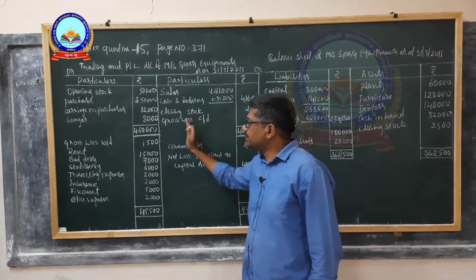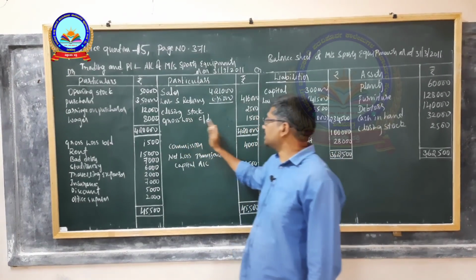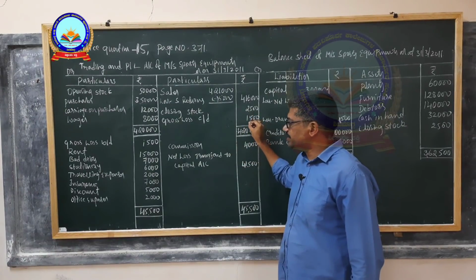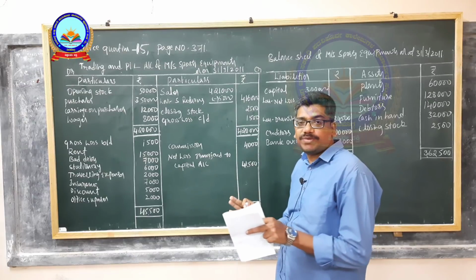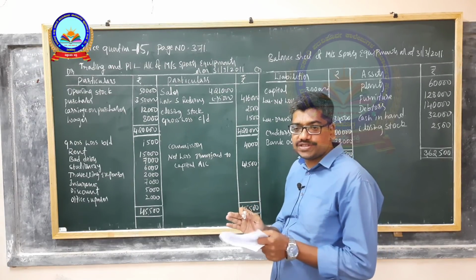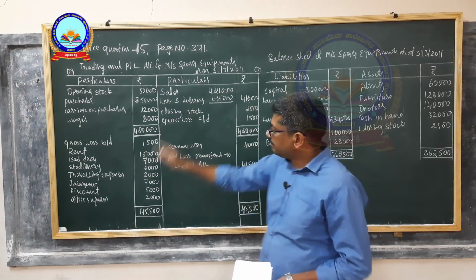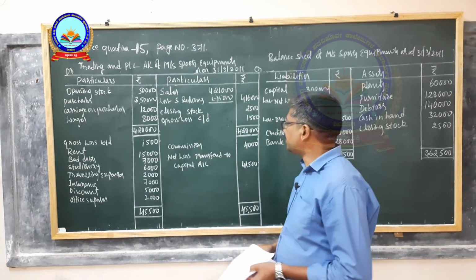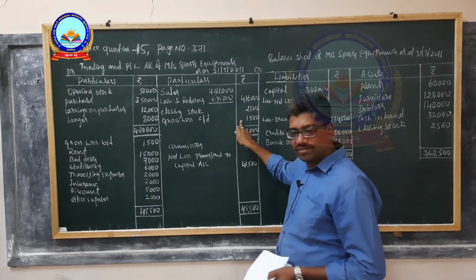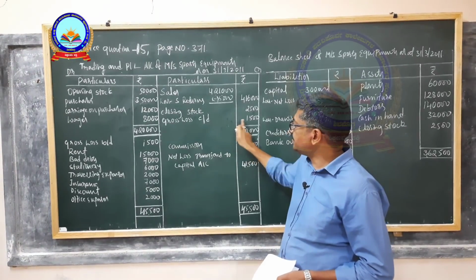Credit side means gross loss, so gross loss carried down is rupees 1,500. So these are two different problems, two different situations. In the earlier case we got the gross profit, but now in this problem we got a gross loss of rupees 1,500.